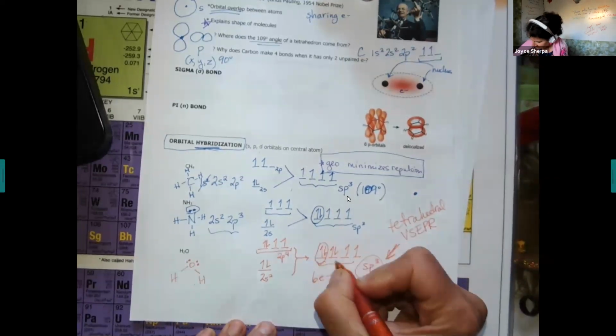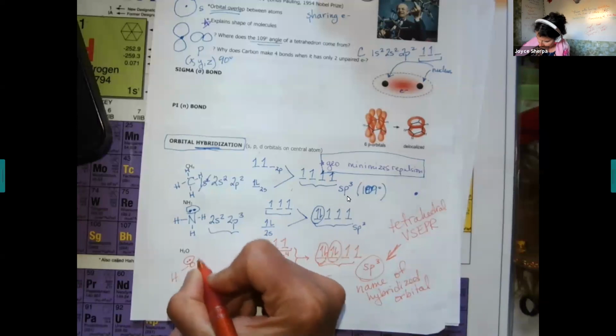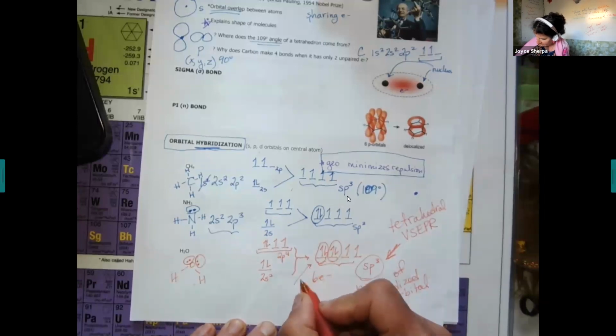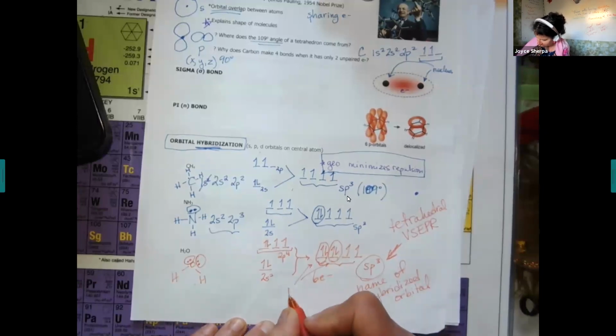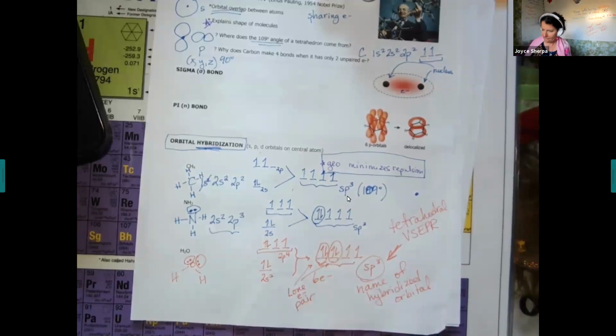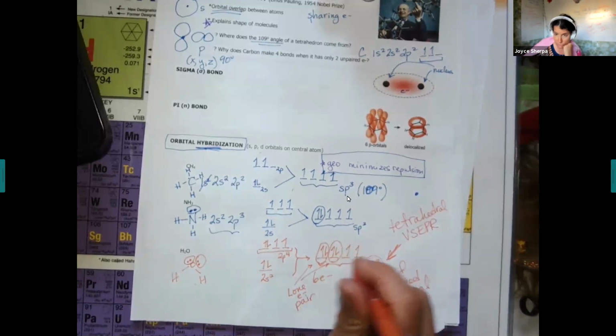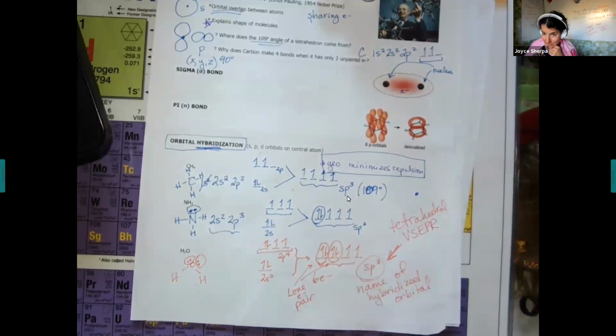And again, these are the lone electron pairs. Those that I'm circling, those are the lone electron pairs on the oxygen. And so it only has room for 2 bonds. That's why oxygen doesn't want a triple bond. It can make 2 singles, it can make a double.